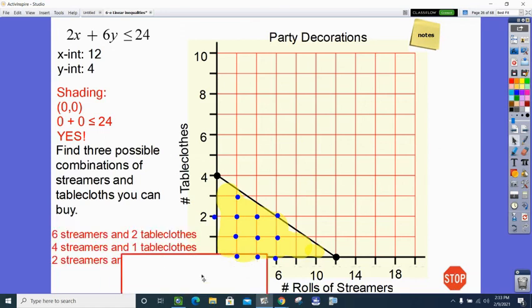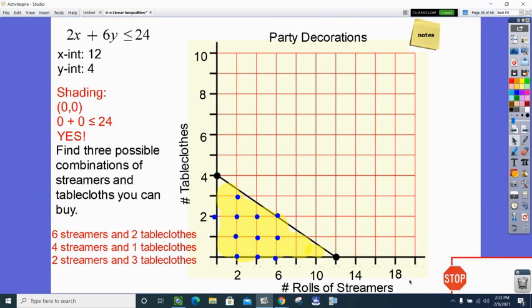I picked 6 streamers and 2 tablecloths, which is this one right here. I picked 4 streamers and 1 tablecloth, which is right there. I picked 2 streamers and 3 tablecloths, which is right there. There are more combinations, but with all of these you would be able to afford them. And other than this one, you would leave with change.